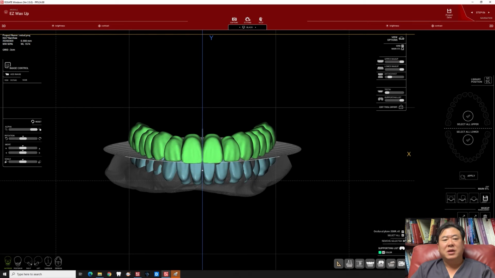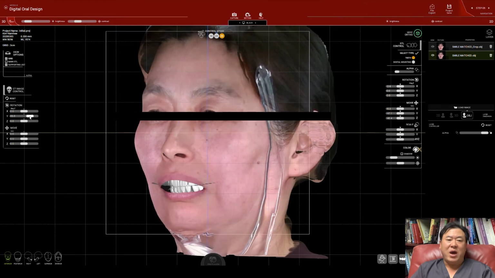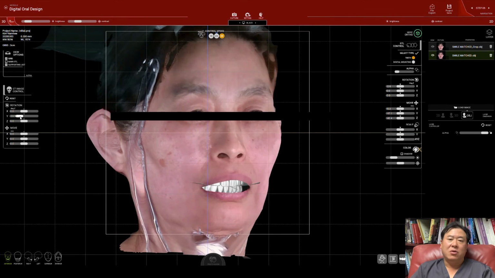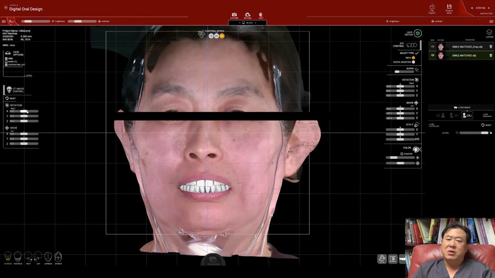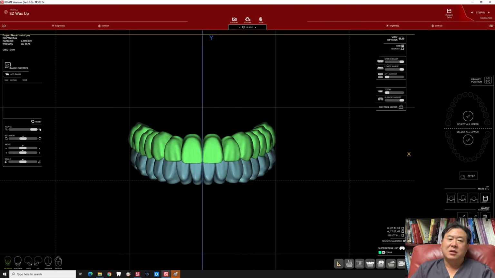This wax-up STL file was sent to my technician to design the immediate full dentures, and the full wax-up was brought back to DOD stage and loaded on 3D facial scan so that the wax-up can be evaluated three-dimensionally on the whole face. It looked very decent and aesthetically pleasing. My technician can use my wax up to design the immediate full denture.